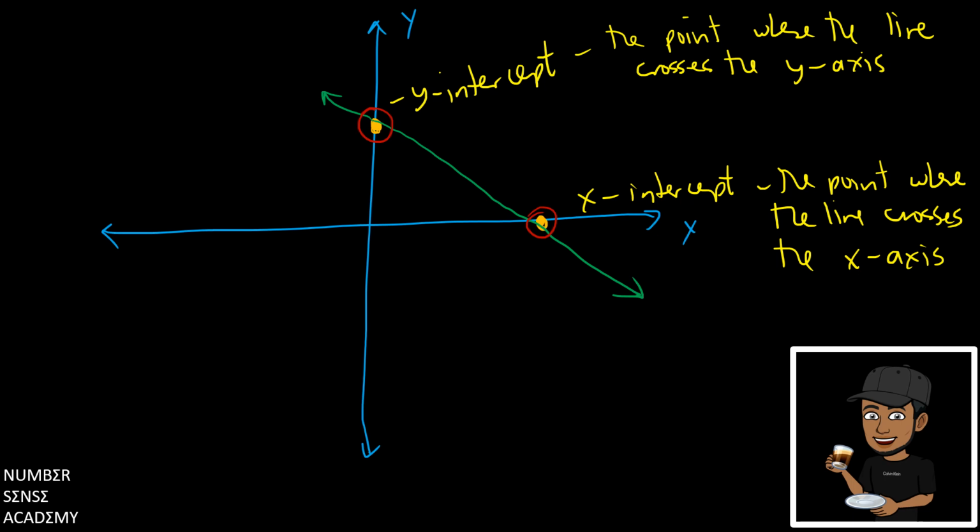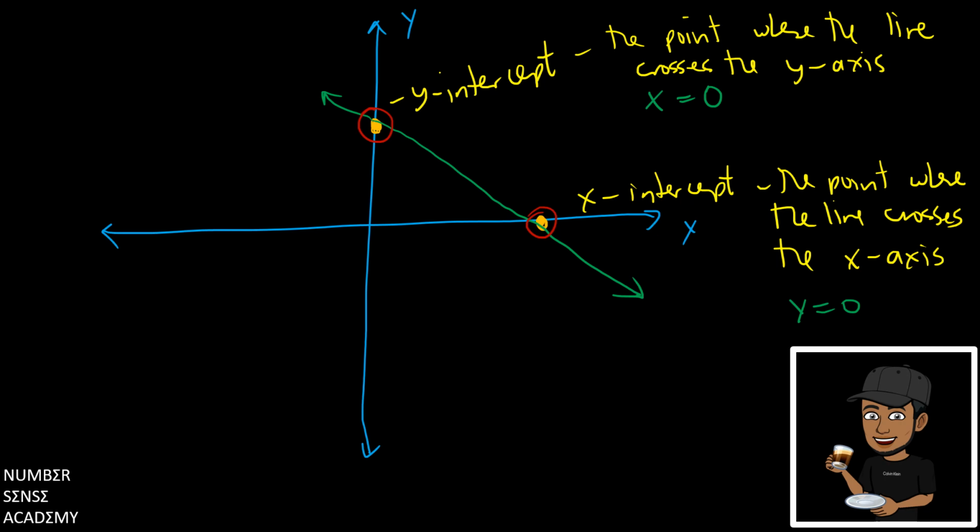At the point where the line crosses the y-axis, we know that the coordinate value of x is 0. And at the point where the line crosses the x-axis, the coordinate value of y is 0. These are two important things that we're going to need when we get into graphing.